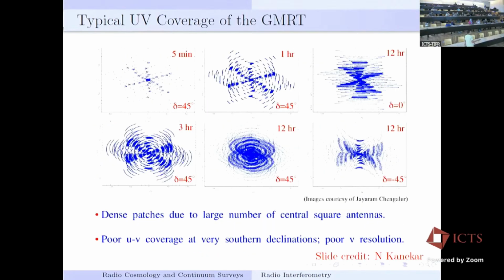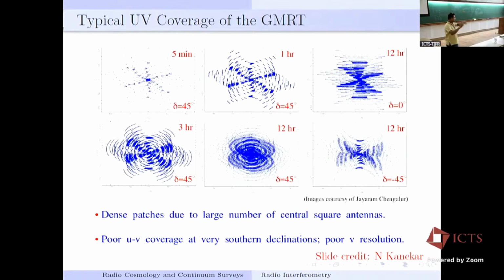This one, yeah. So basically what happens is that, let's say I have a source which is right at the top of my head. Now that source will see my full baseline, right? It's like that, two antennas sitting here. Now the earth is rotating, and in projection, X is shortening. But what happens if it is not at my head, it's at the horizon, right?